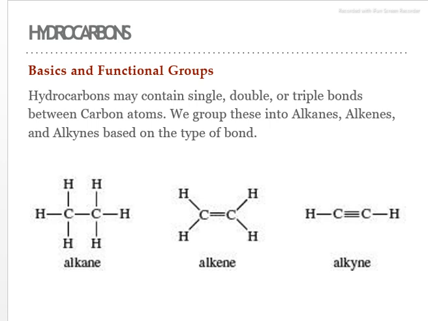In the case of alkanes, only single bonds exist. In the case of alkenes, a double bond exists between two carbon atoms, and in the case of alkynes, there is a triple bond between two carbon atoms.